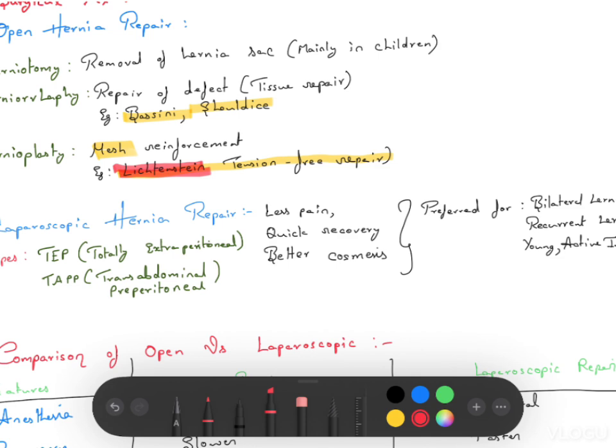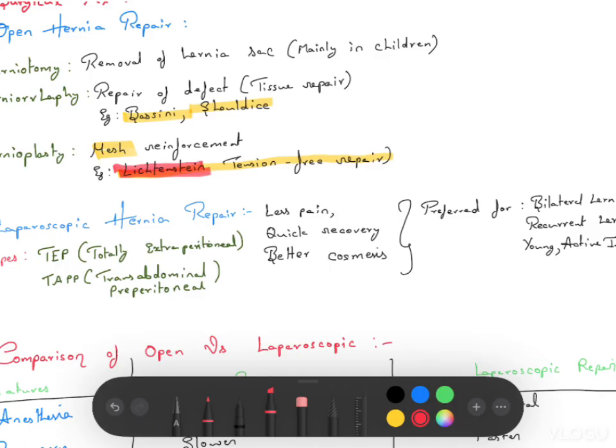The ilioinguinal nerve can become damaged, so we have to be careful. Then we mobilize the spermatic cord and identify the cord structures at risk, the vas deferens and testicular vessels. Then we identify the hernia sac and determine whether it is direct or indirect.